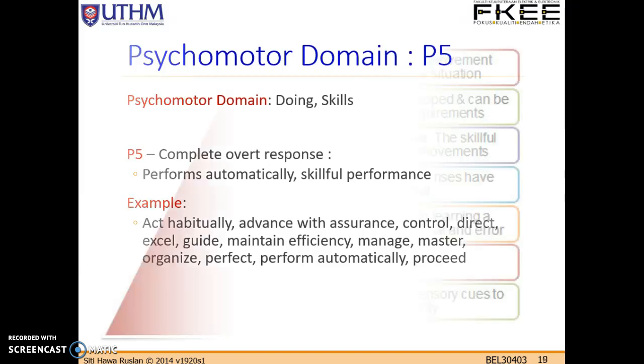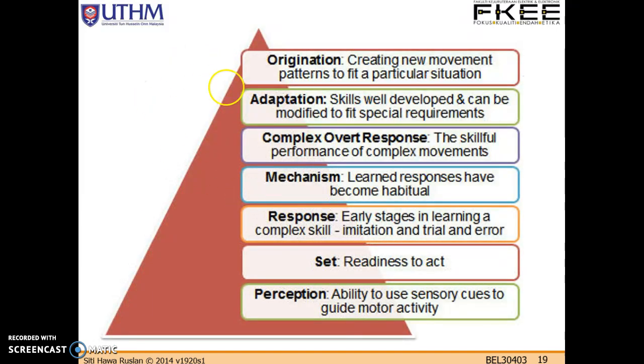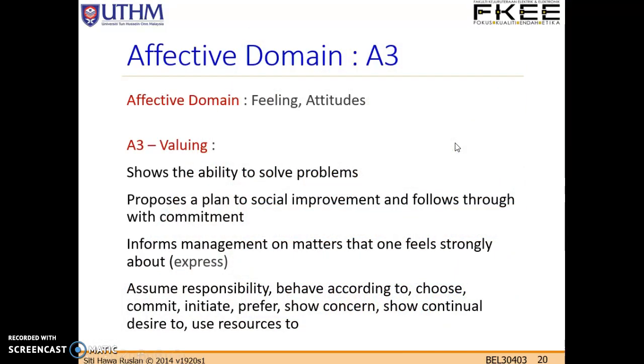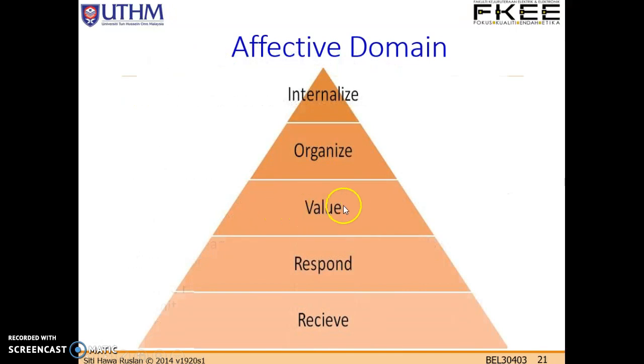Okay, and this is complex overt response, level 5. And lastly is the affective domain, A3, valuing, shows the ability to solve problems. Valuing is level 3, which is in the middle of affective.